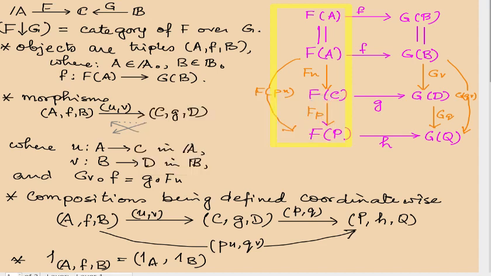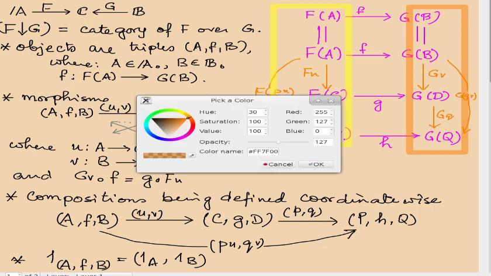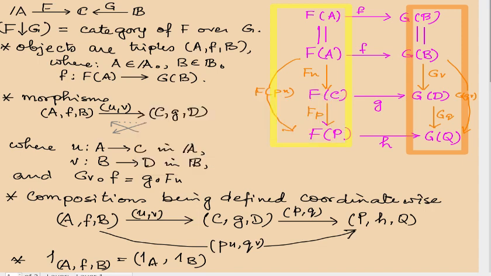The right side is completely controlled by B. And there is still a third one, say the middle.